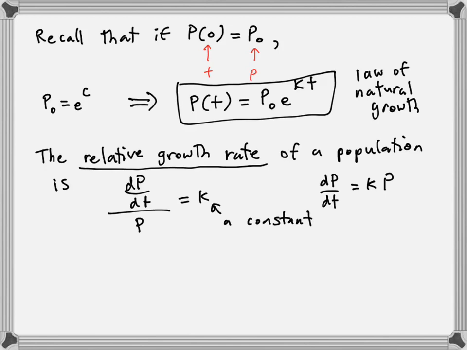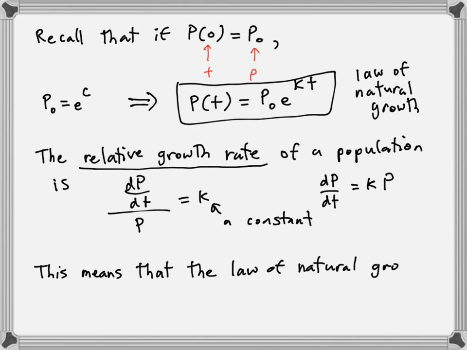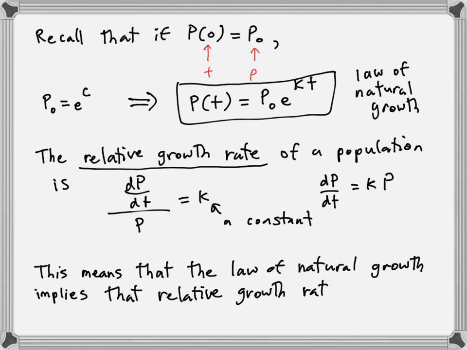And so, what does this mean? So this means that the law of natural growth implies that the relative growth rate of a population is constant.